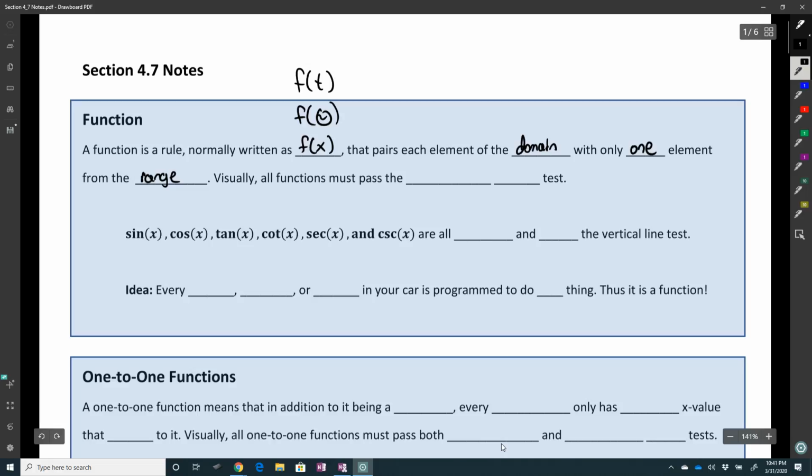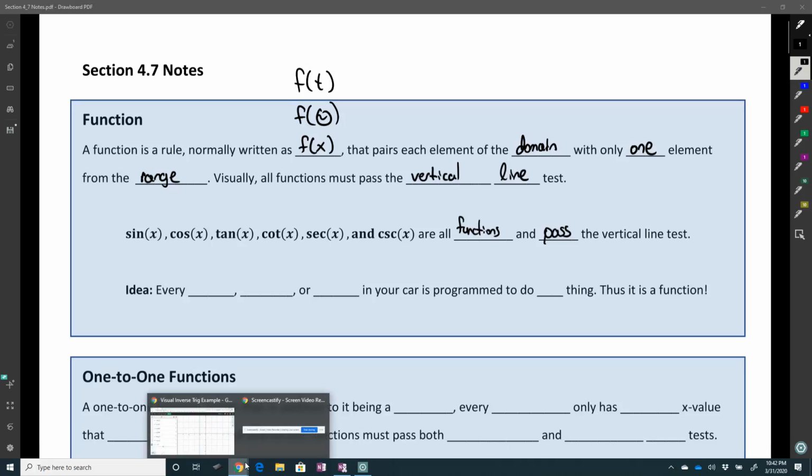Okay? So visually, all functions must pass the vertical line test. So sine, cosine, tangent, cotangent, secant, and cosecant are all functions and pass the vertical line test.